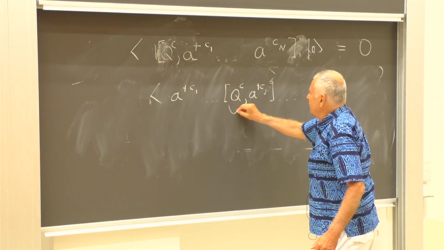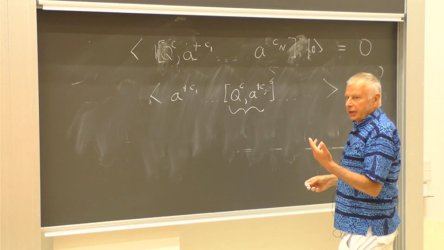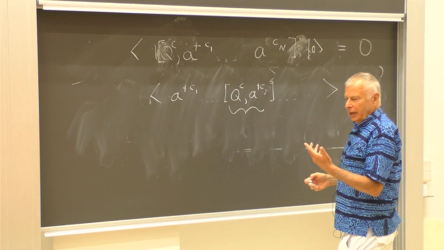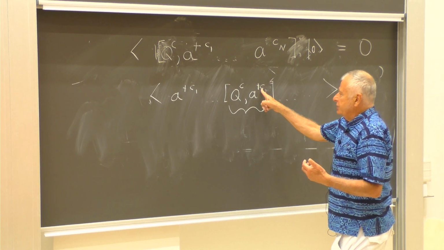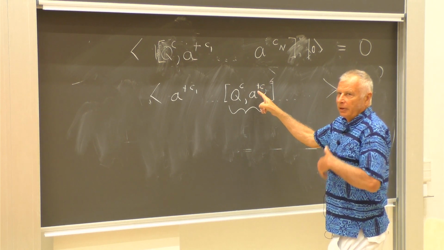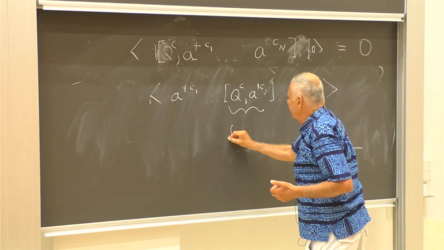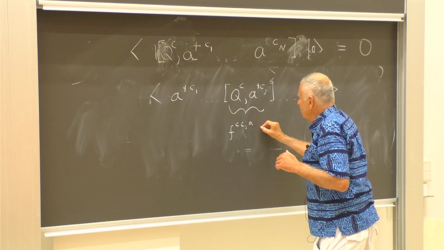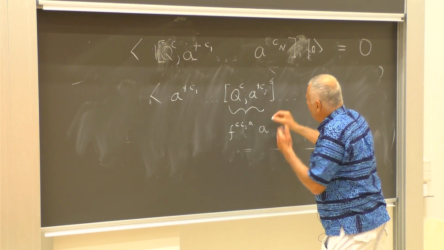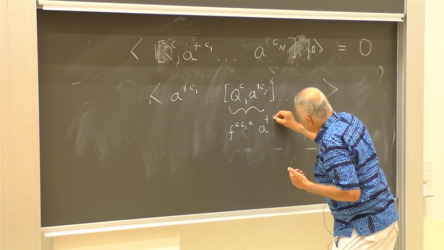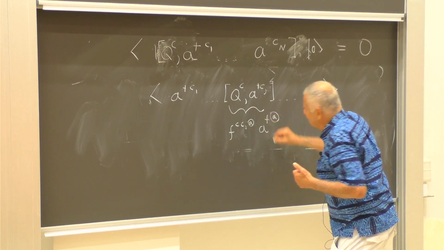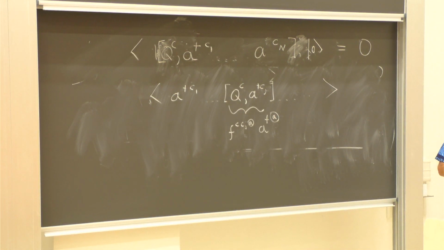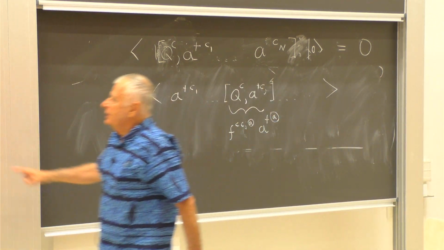But acting on a creation or annihilation operator, this commutator performs a rotation. So this is equal to f, up to a sign, with the same indices, which I called before A. So you see that this is indeed the sum.